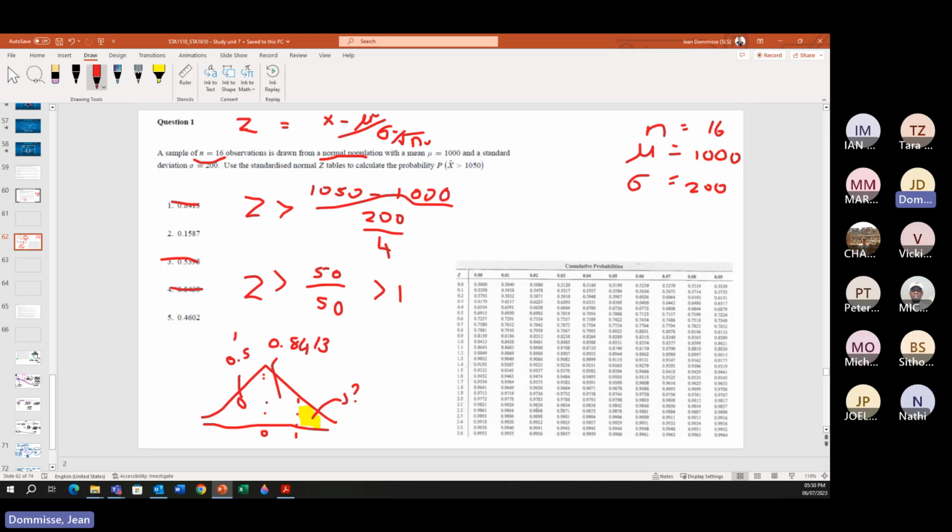So 1 minus 0.8413 will give us the yellow portion, and that is then 0.1587.